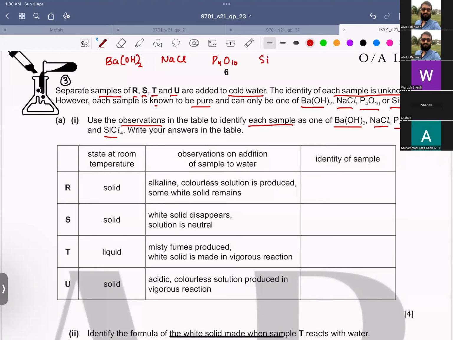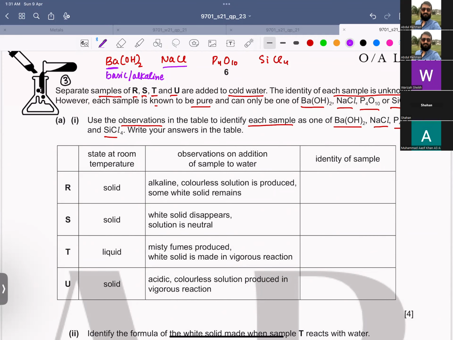Then I have silicon chloride. Okay. So barium hydroxide is a metal hydroxide, which means it must be basic or alkaline. More specifically, it is alkaline because barium is at the bottom of group 2, and in group 2, if we move down, the solubility of hydroxide increases. So barium hydroxide is relatively more soluble, which makes it alkaline in nature.